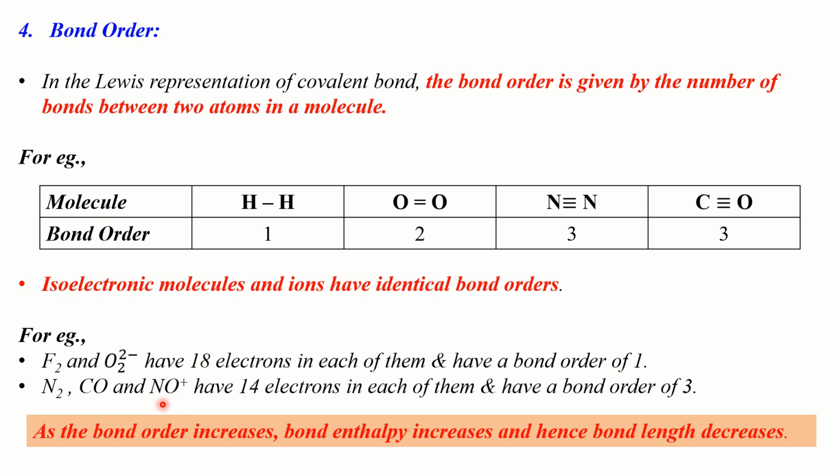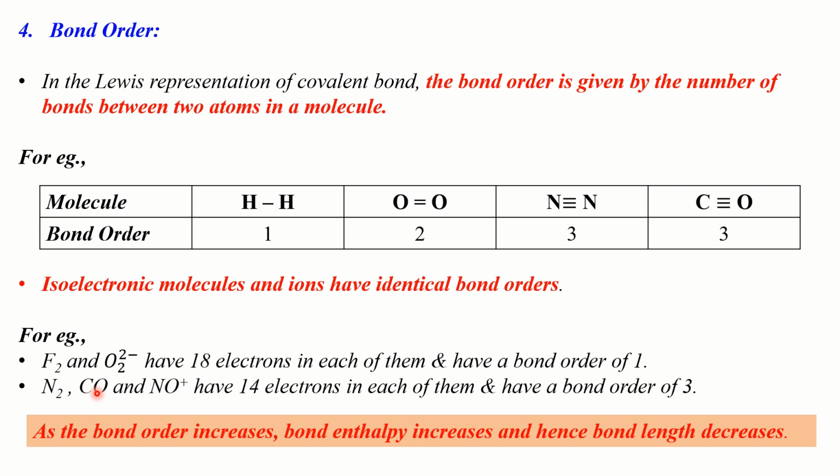When you do that, you will find that there are 14 electrons in nitrogen molecule, there are 14 electrons in the valence shell of carbon monoxide molecule, and there are 14 electrons in the valence shell of NO+ ion. Clear? And we know the Lewis structures of nitrogen and carbon monoxide molecule.